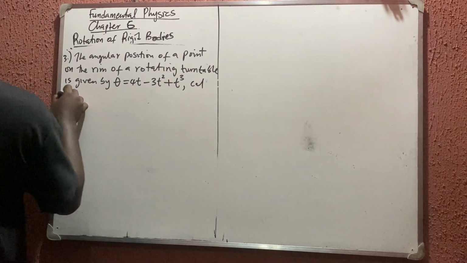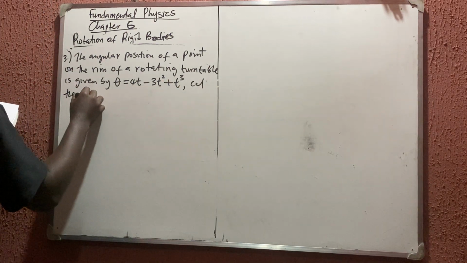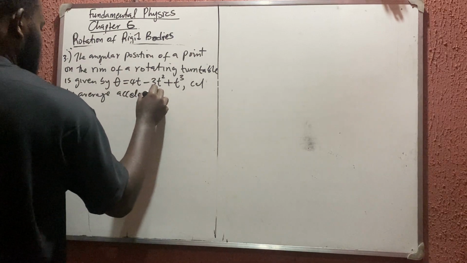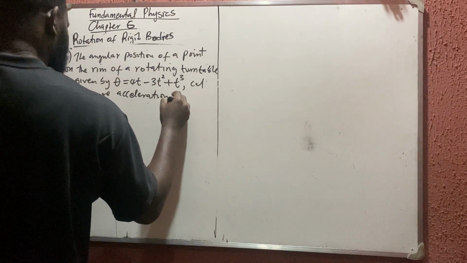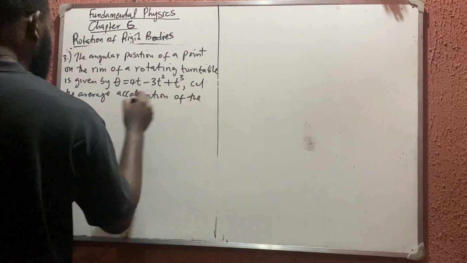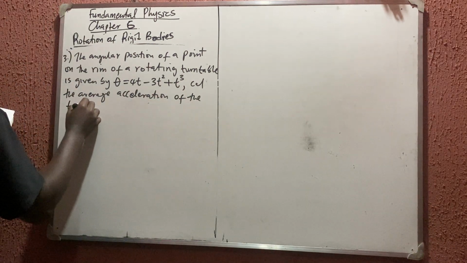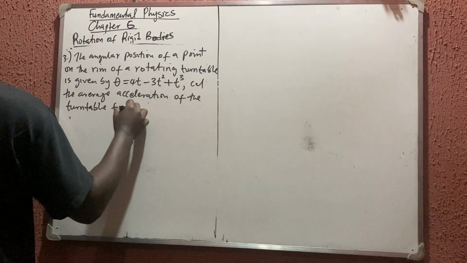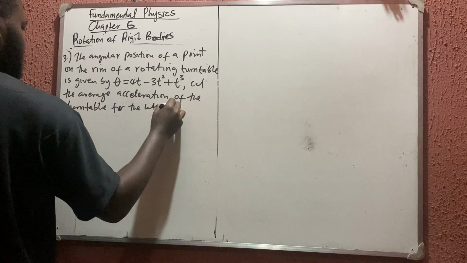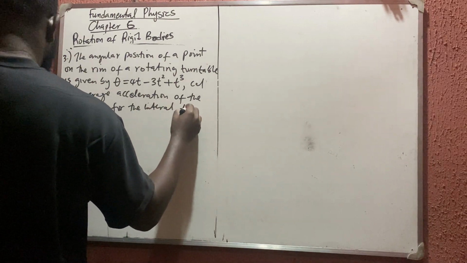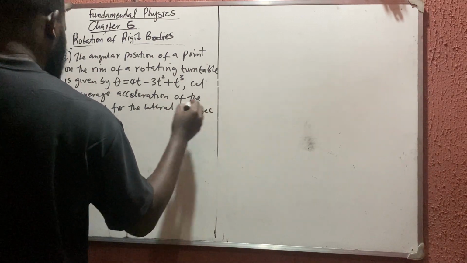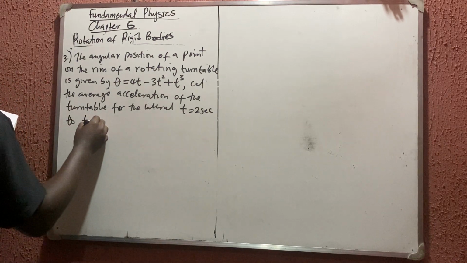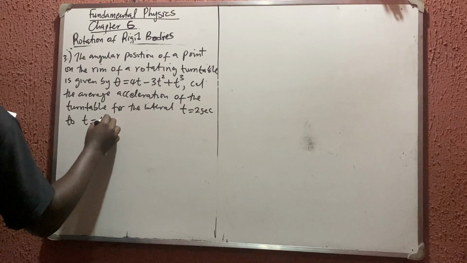Then calculate the average acceleration of the turntable for the interval t is equal to 2 seconds to t is equal to 4 seconds.